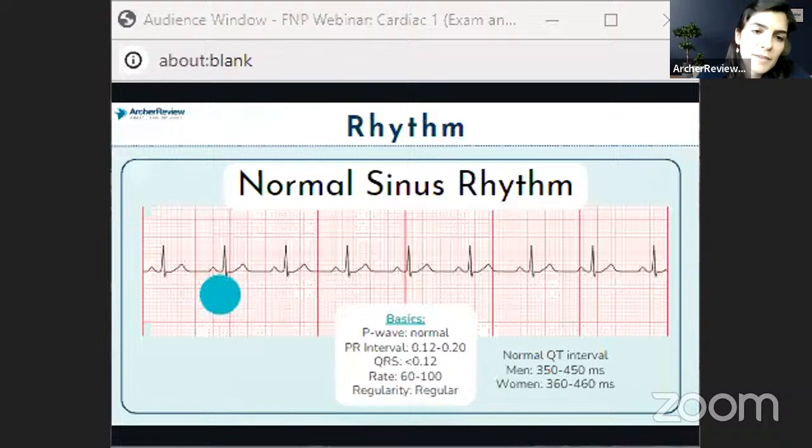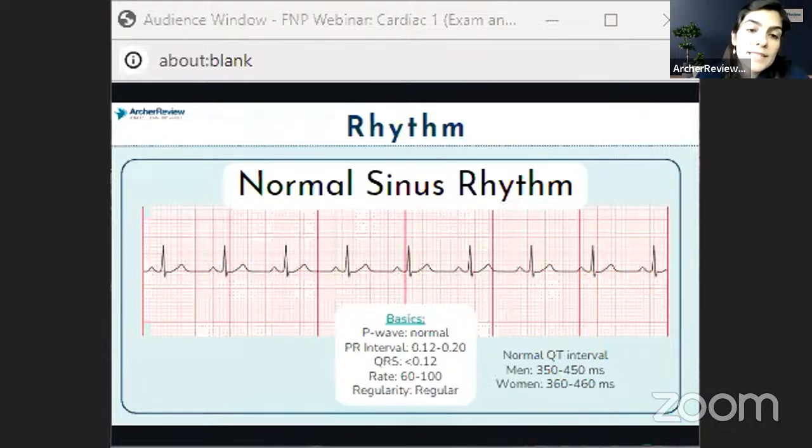We identify that there's a P for every QRS complex. The PR interval is between 3 to 5 of those small squares, so it's between 0.12 to 0.2. That QRS complex is narrow. It's less than 0.12, so it's less than 3 small blocks. And the rate is 80, so it's between 60 to 100, and it's a nice regular rate and rhythm.